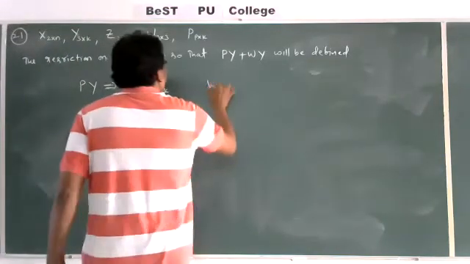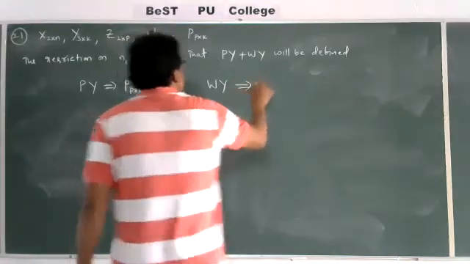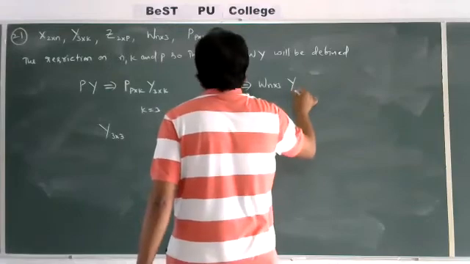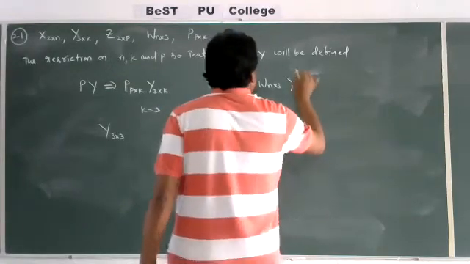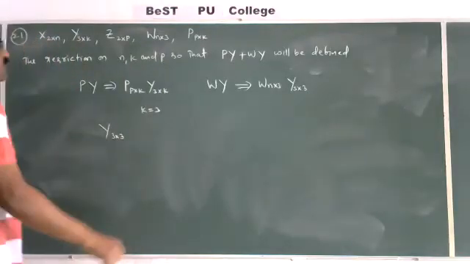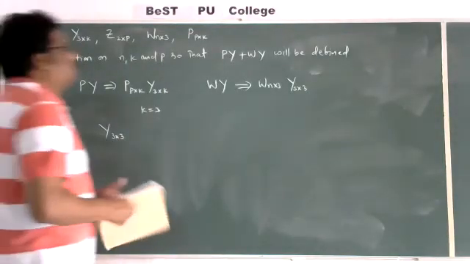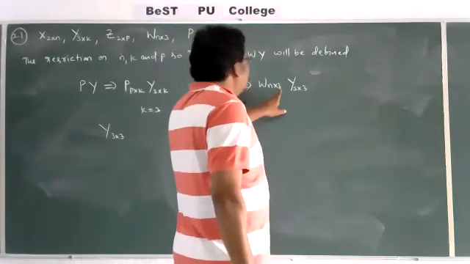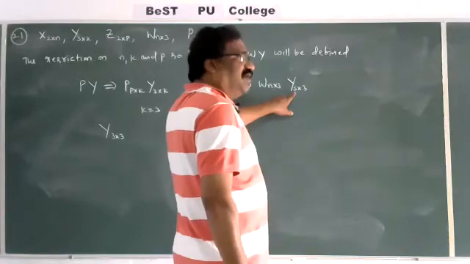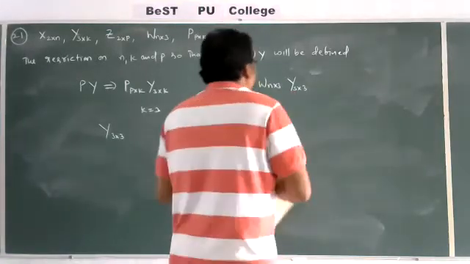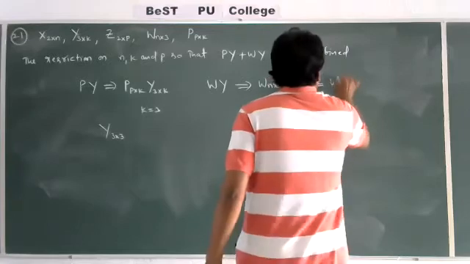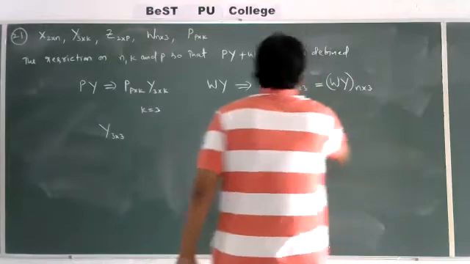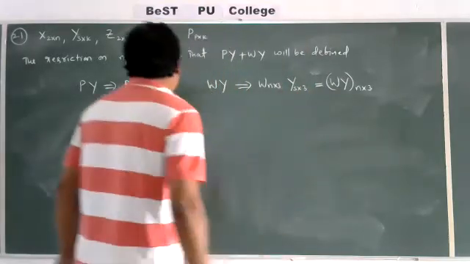Then WY, so here W is an n by 3 matrix and Y is a 3 by 3 matrix. Number of columns is equal to number of rows, so WY is defined. Then WY is a matrix of order n by 3, where the 3s cancel.